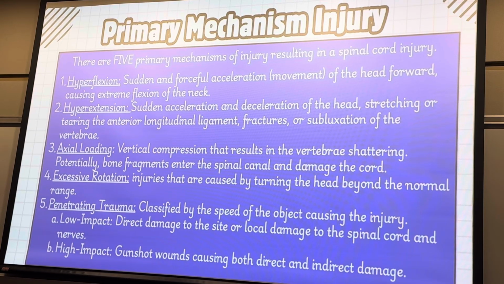So direct, directly to the spinal column. Indirect, around the spinal column. So it's some of those vertebrae, maybe shattering, breaking off, causing some issues with perfusion, maybe some edema, some swelling with it as well. So that's your 5 primary mechanisms of injury.